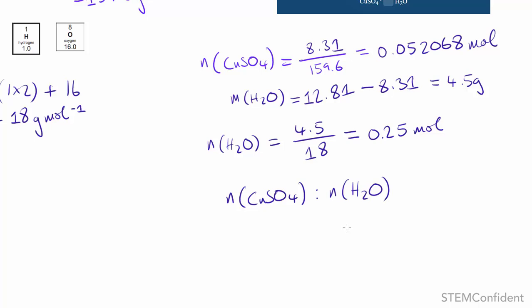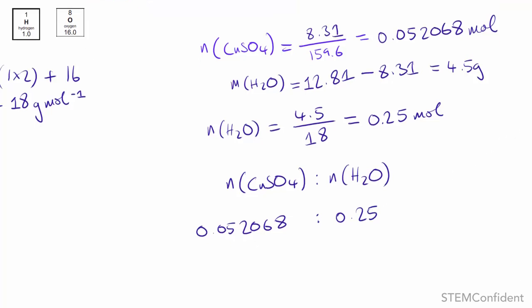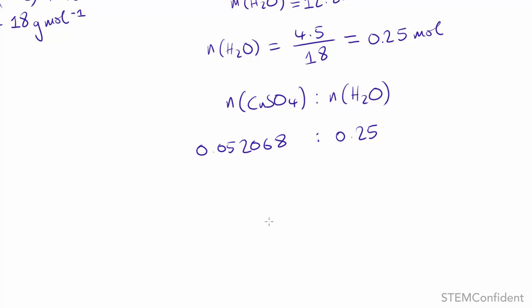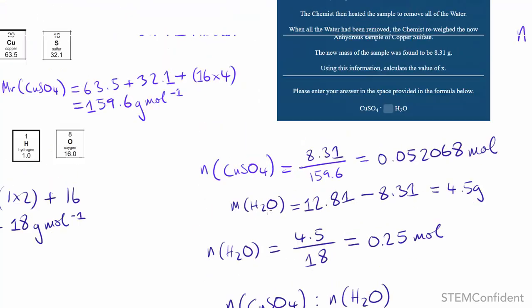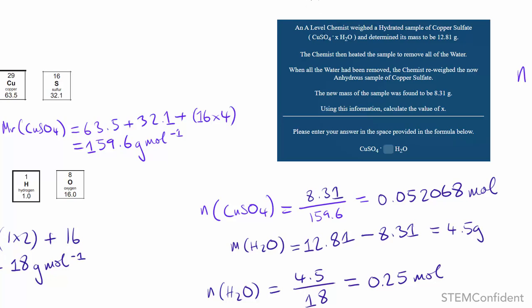And what values are we gonna have? We're gonna have 0.052068 and 0.25, right? I've put CuSO₄ on the left hand side for clarity, just because as you can see above here, it's on the left hand side.